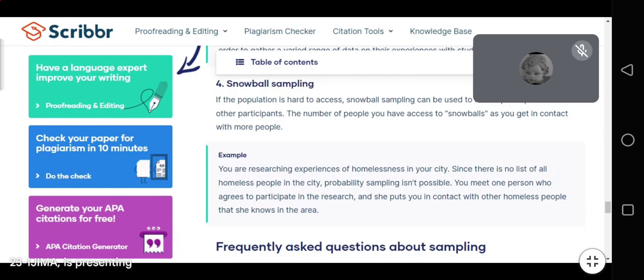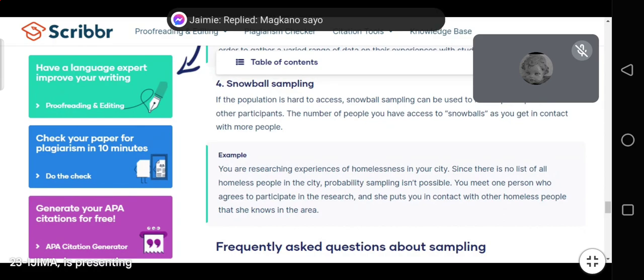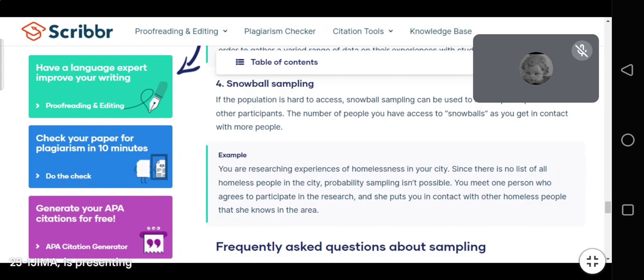Let's say the example here is you're researching experiences of homelessness in your city. Since there are no lists of all homeless people in the city, probability sampling isn't possible. You meet one person who agrees to participate in the research, and she puts you in contact with other homeless people that she knows in the area.